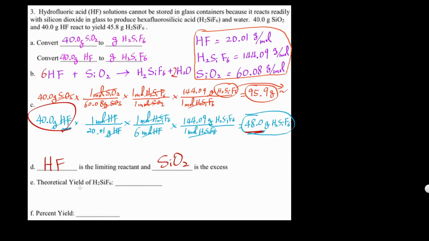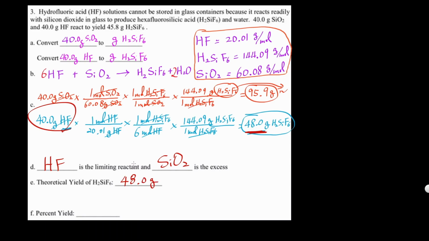So the theoretical yield is 48.0 grams. This is what you're supposed to get when everything is ideal, with all the experimental procedures perfect.